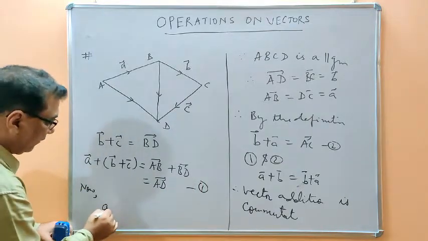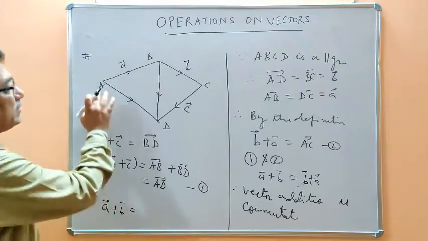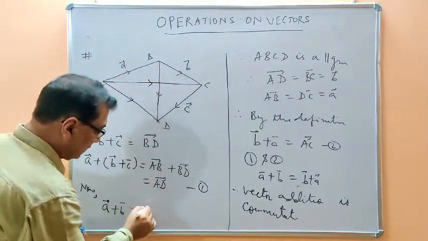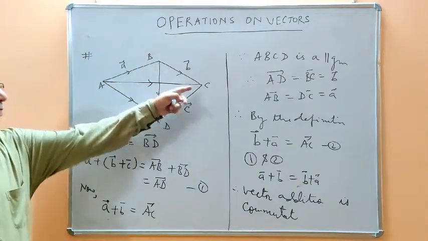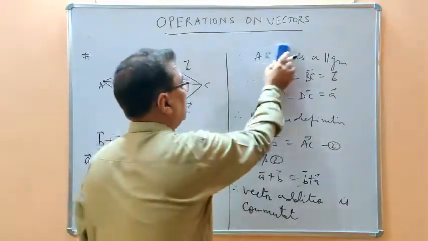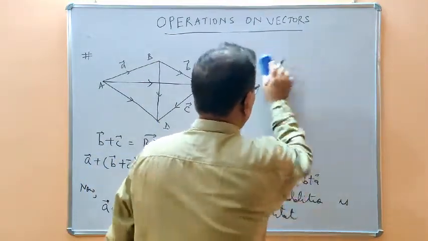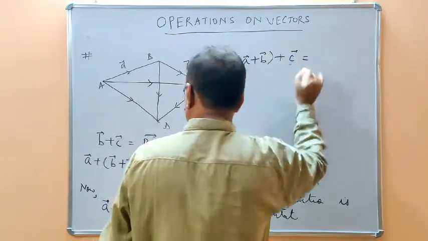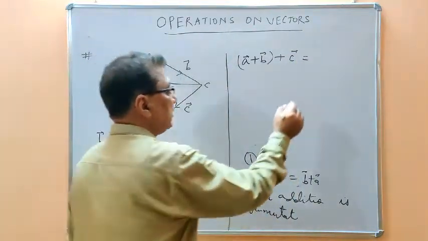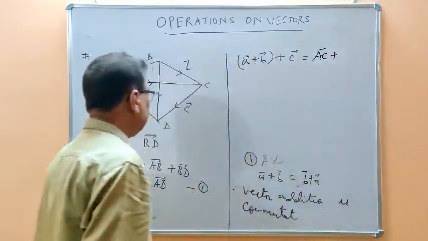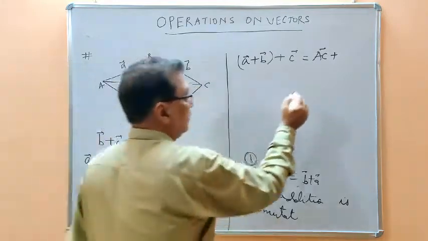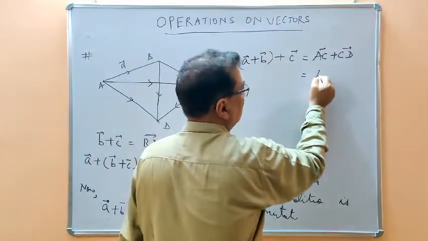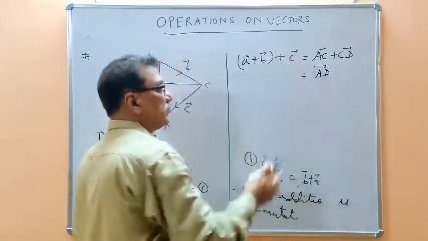Now let us add A plus B first. For A plus B, we have to take A and B. So this vector AC will be the addition of A and B. Now if A plus B is added with C, that means the result of A plus B, which we have got here as AC, and then C, beginning with C, ending in D. So the vector which starts from A and ends in D is the sum of these three.